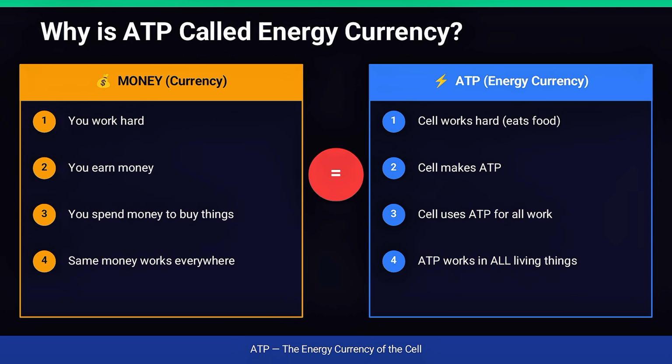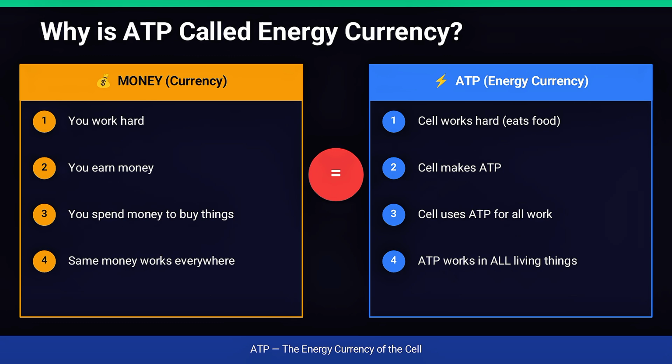Then whenever the body needs energy to move a muscle, to think, to breathe, it uses ATP. Just like money is the currency we use to buy things in daily life, ATP is the currency the cell uses to buy energy for all its work.